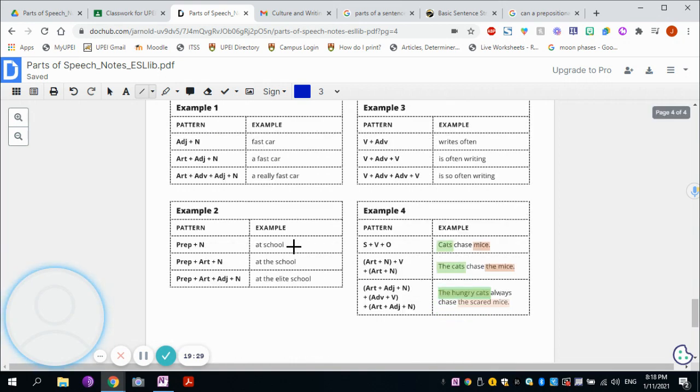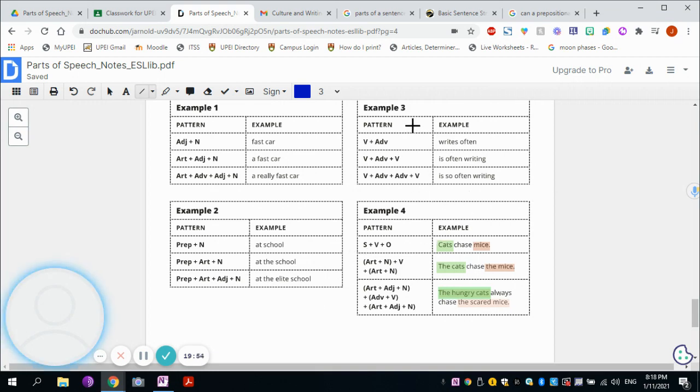In example 2, we can look at a preposition plus a noun, at school. We can add an article, so we have at the school. We can add an adjective, at the elite school. So we can build up these groups of words to give more and more meaning.